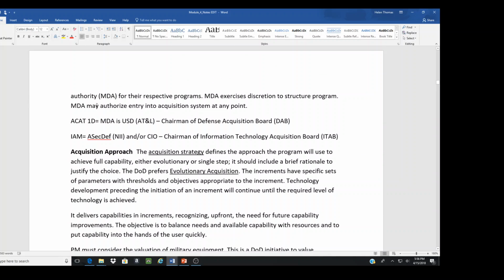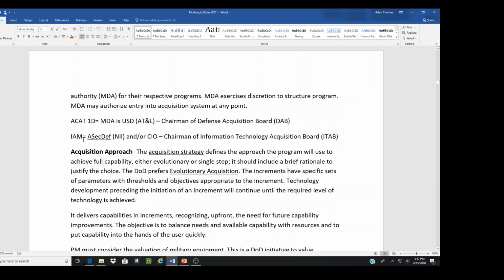So the Milestone Decision Authority for ACAT 1D is the USD AT&L. He's the senior individual in charge of acquisition at the DoD level, and that's for general major defense acquisition programs.